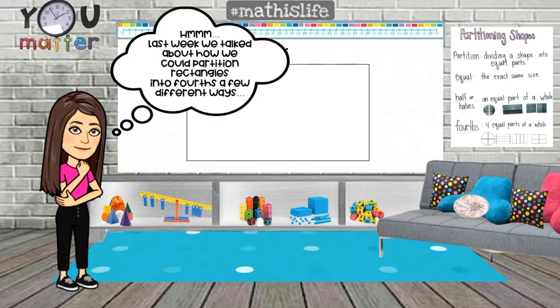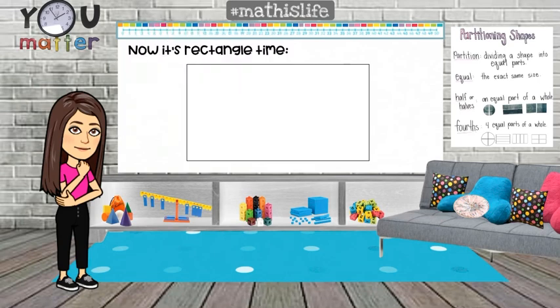Last week we talked about how we could partition rectangles into fourths a few different ways. Now it's rectangle time. I start by partitioning my rectangle in half. This makes it easier for me to see the equal parts that I've made.